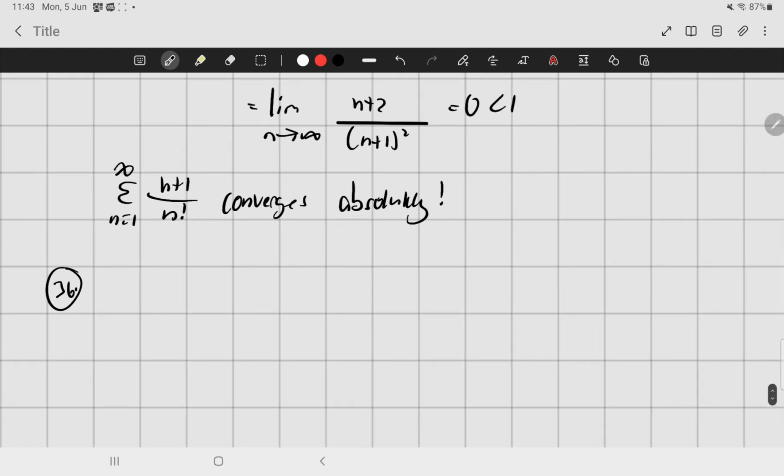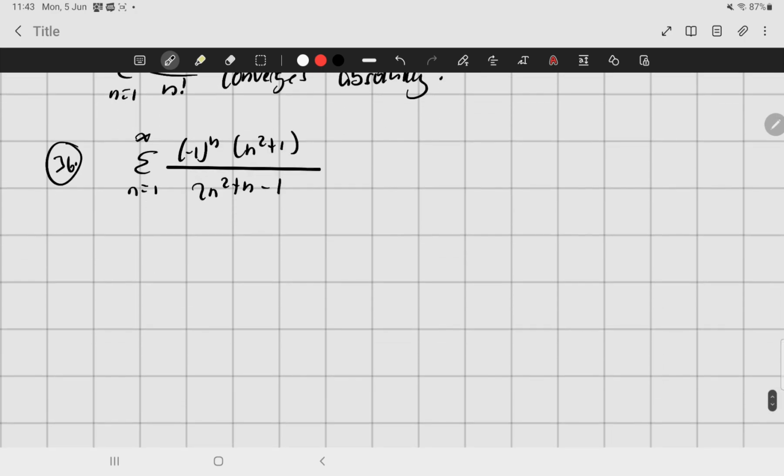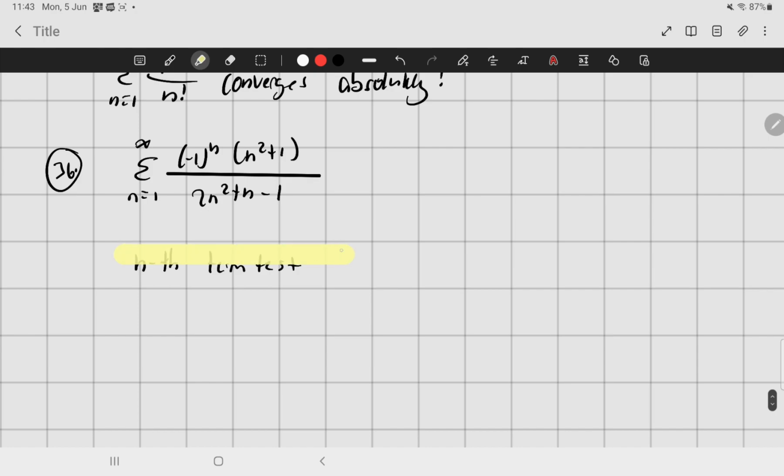So the series here is the sum from n equals 1 to infinity of negative 1 to the power of n times n squared plus 1 divided by 2n squared plus n minus 1. I'll be using this test because it's the easiest and least time consuming of all the tests that we've done.